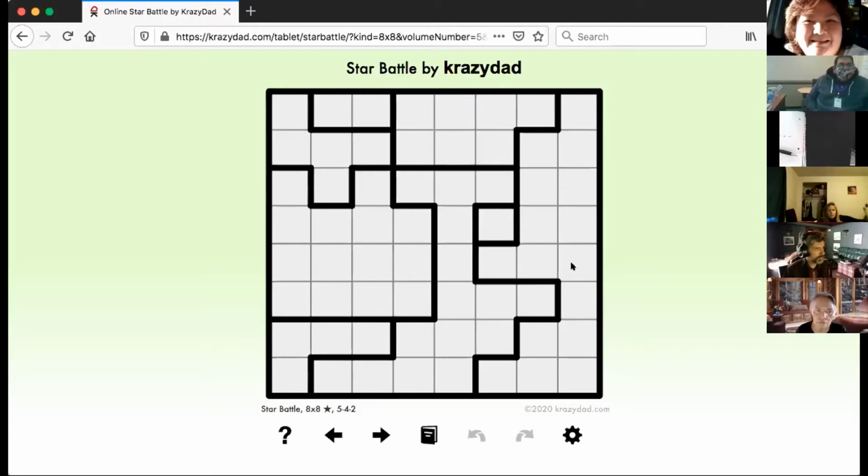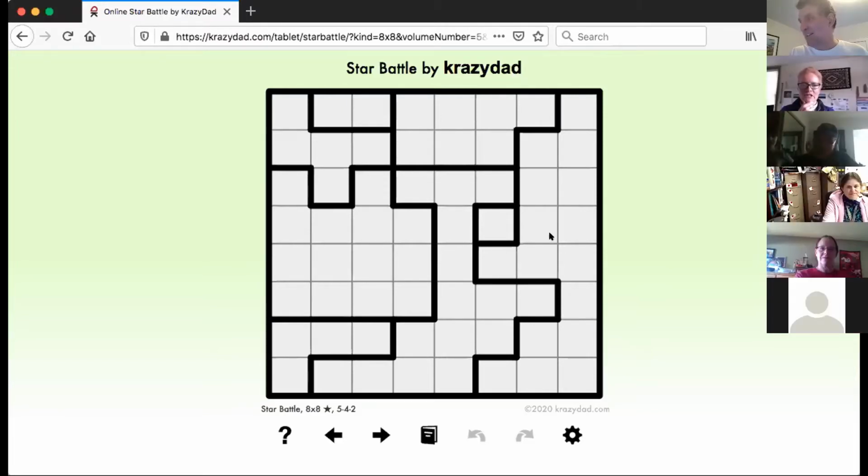Really? Let me see. 1, 2, 3, 4, 5, 6, 7, 8. Yeah, 8 regions. Okay, yes, I do think there are 8 regions in this puzzle. So we have 8 columns, 8 rows, and 8 regions of various sizes.